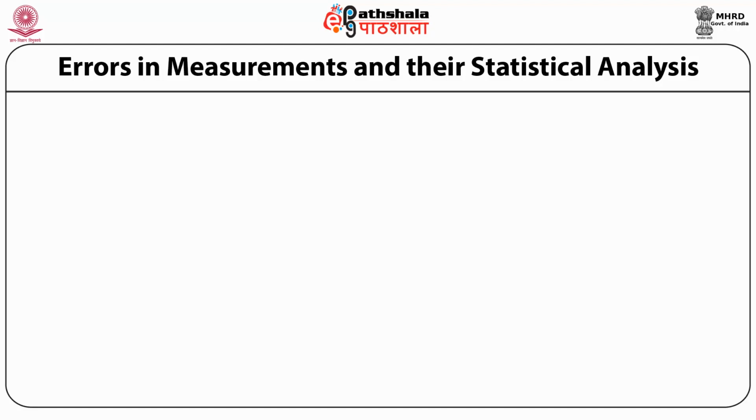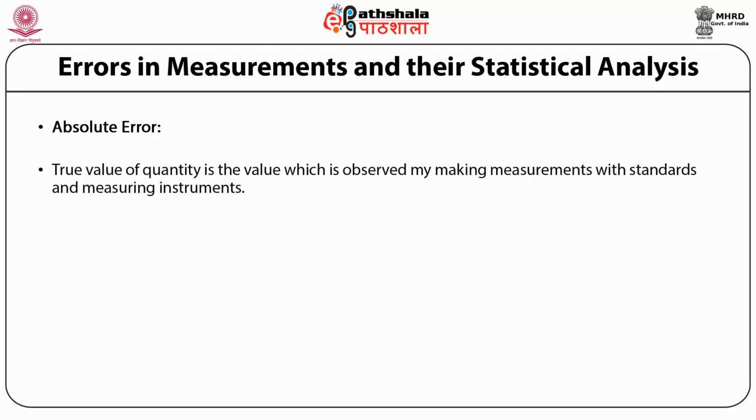First, there can be an absolute error. The true value of a quantity is the value which is observed by making measurements with standards and measuring instruments. However, there is always a difference between the measured and true or exact value of a given unknown quantity.